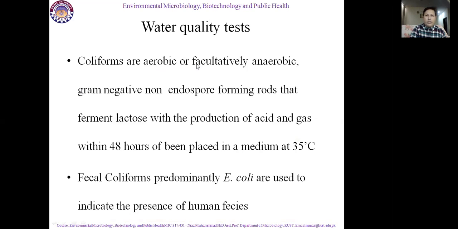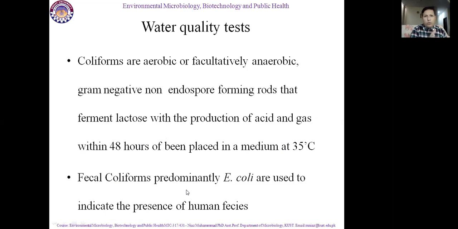Coliforms are aerobic or facultative anaerobic, gram-negative, non-endospore forming rods that ferment lactose with the production of acid and gas within 48 hours of being placed in a medium at 35 degrees C. Fecal coliforms, predominantly E. coli, are used to indicate the presence of human feces.